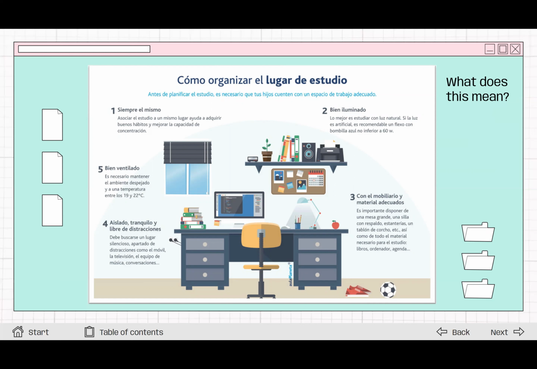So como organizar el lugar de estudio. So again, it's going step by step on what the ideal study space is. And then in this next slide we'll be explaining it, translating it from Spanish to English.